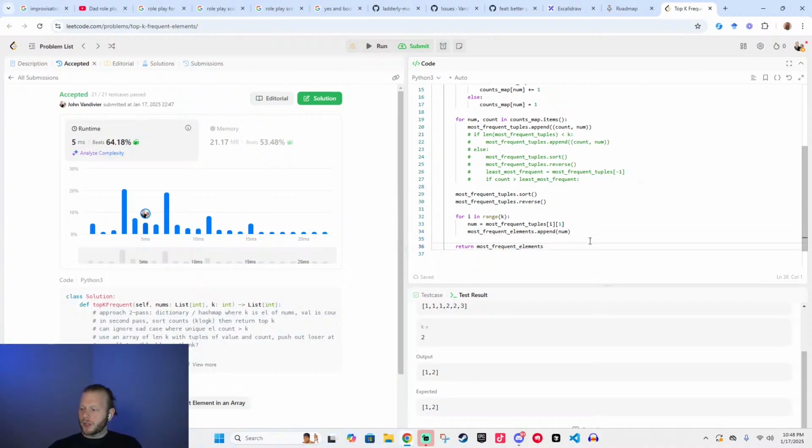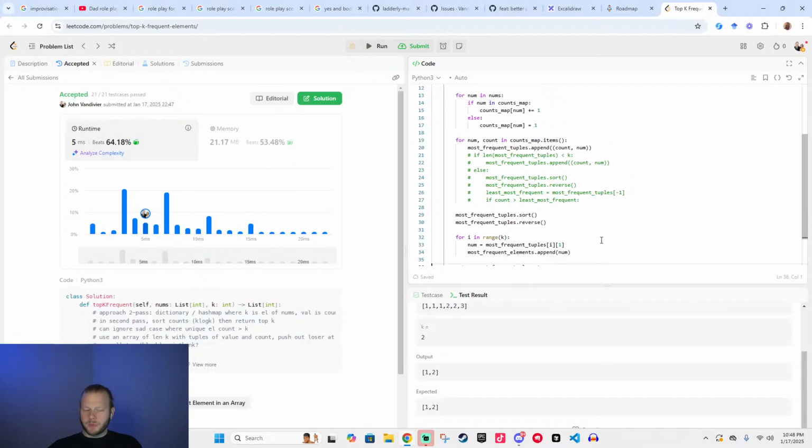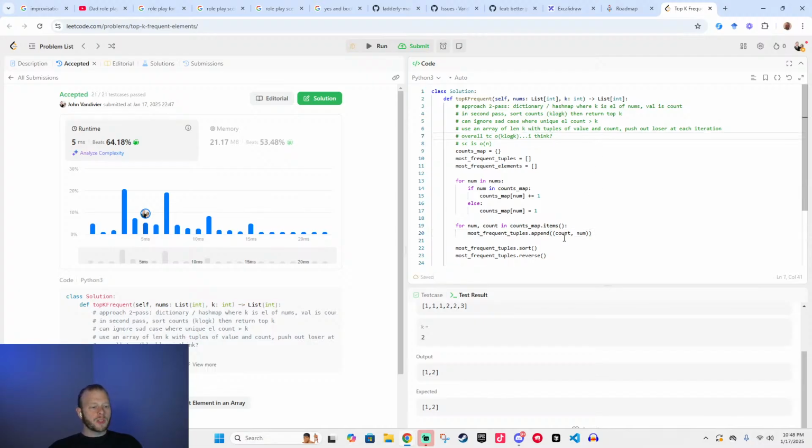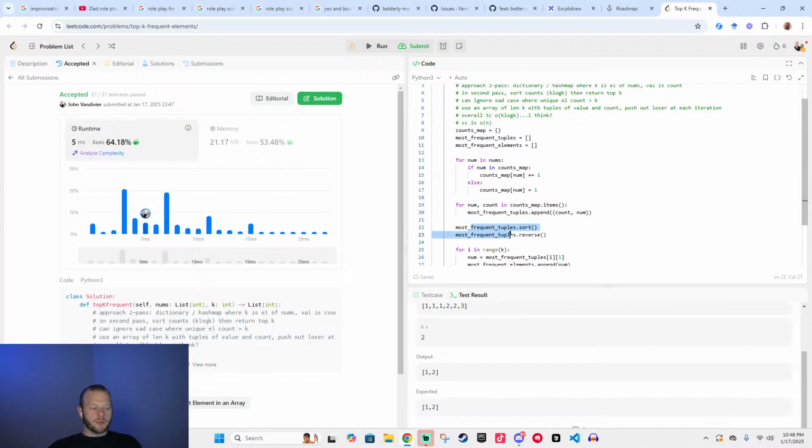All right, cool. Selecting k best would be n log k. Well, this sort and reverse is 2k log k. Would you agree with that? This sort and reverse is 2k log k, which is asymptotically k log k.